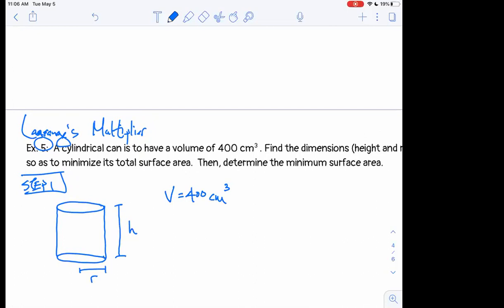A good real world example for this is all of the beverages that we purchase that come in aluminum cans. Every once in a while, I like a Coke from the can, I like it in the can better than the bottle. But sometimes I don't want to finish all 12 ounces. And when they came out with the Coke minis, the little 8-ounce cans, I was like, oh my gosh, this is so cute.